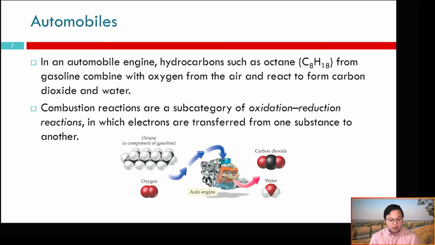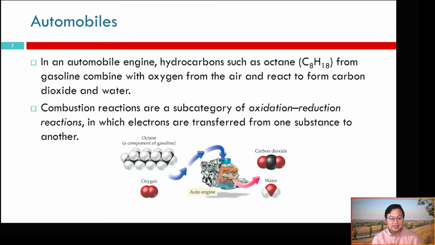In our cars every day, in an automobile engine, right? It's an internal combustion engine. It's a combustion reaction. We're taking hydrocarbons like octane, right? That's the octane rating that you get on your gas. From gasoline combined with oxygen from the air, we react those together to form carbon dioxide and water.